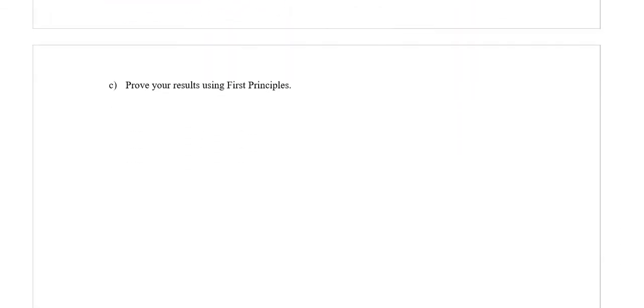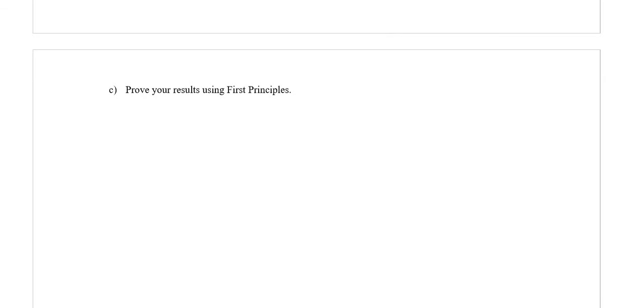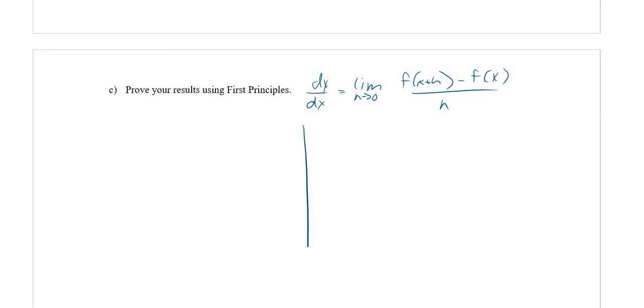We said dy by dx is equal to the limit as h approaches 0 of f of x plus h minus f of x over h. But to do that, we don't have one single function here, we have two, and they're different on either side. So we're going to look at the left hand and right hand limits and see what happens.